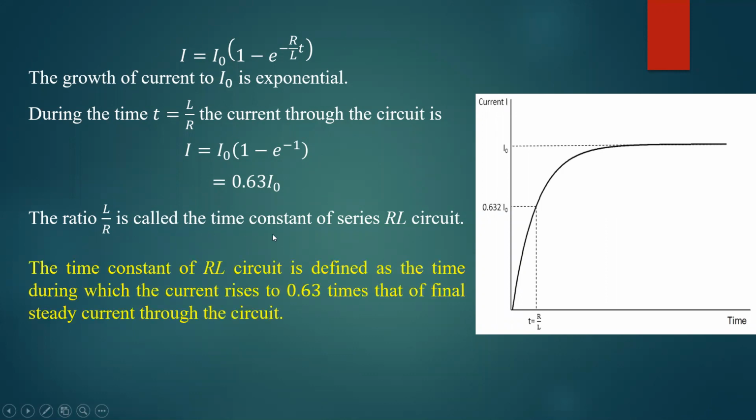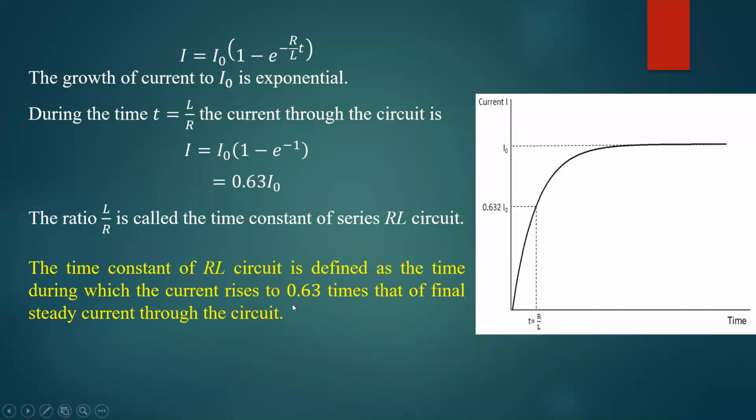So this L by R is called the time constant of the RL circuit. Remember, in the RC circuit, what is the time constant? It is R into C, resistance into capacitance. In the RL circuit, L by R is the time constant. You remember this: L by R is the time constant.